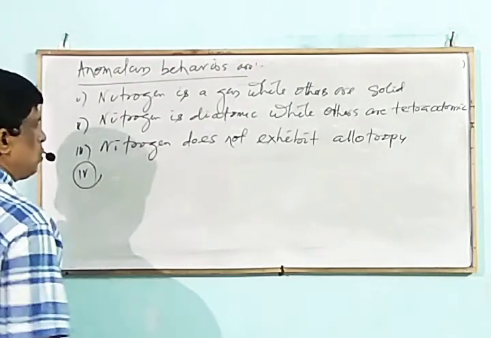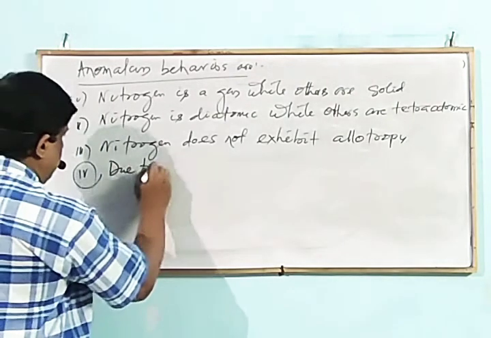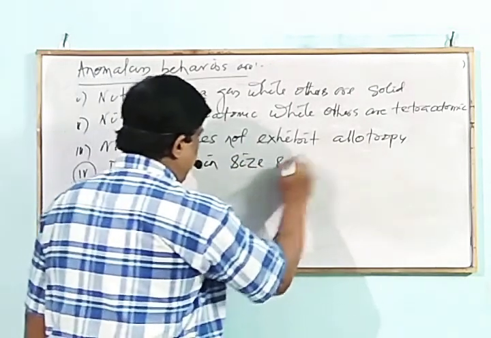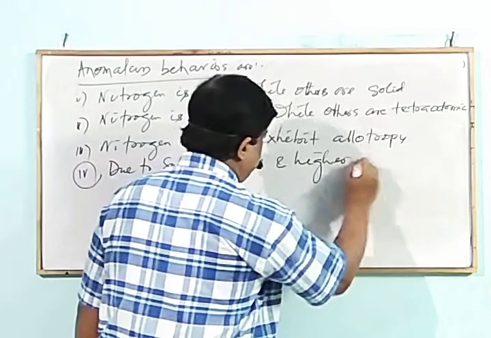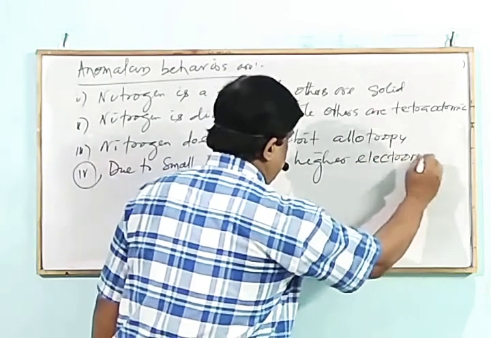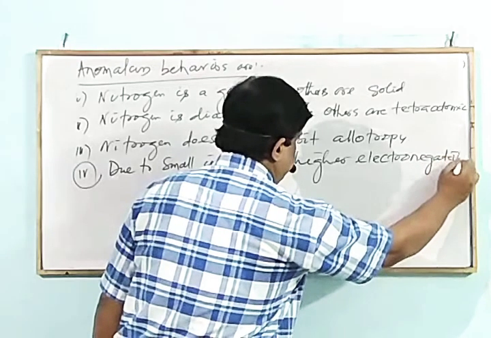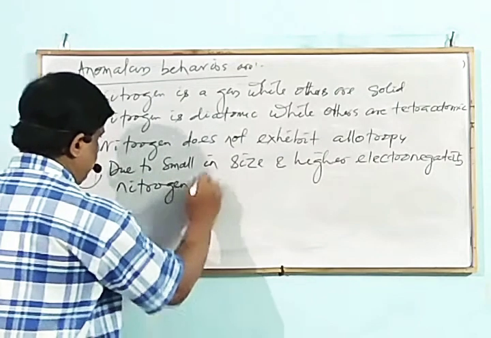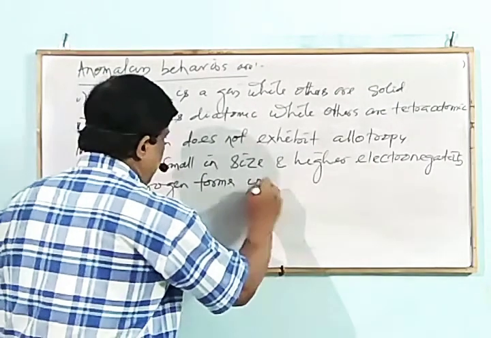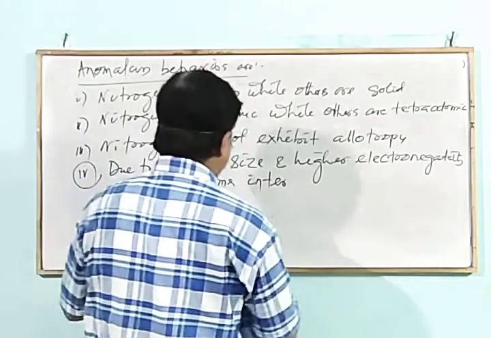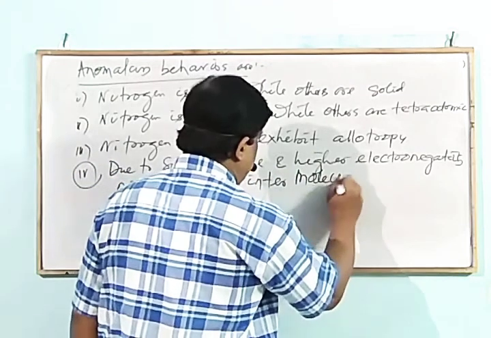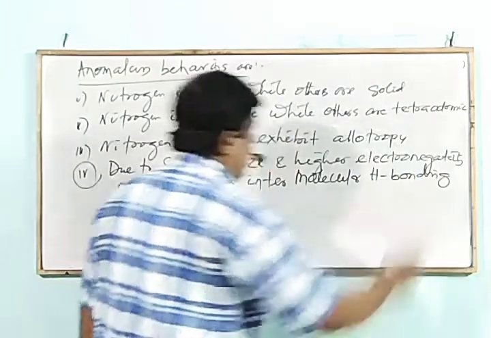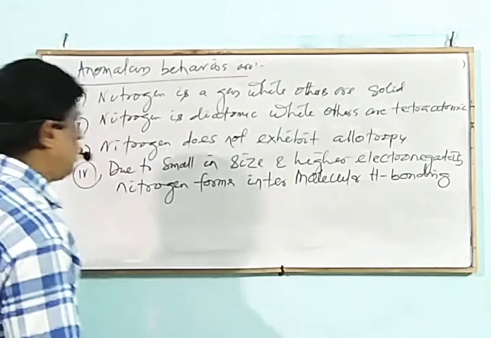Next, due to small size and higher electronegativity, nitrogen forms intermolecular hydrogen bonding, while other members, due to their large size, are unable to show this property.